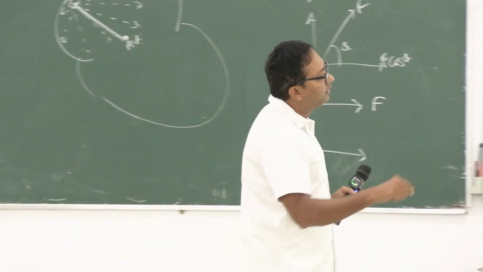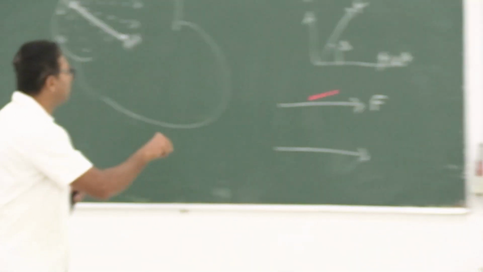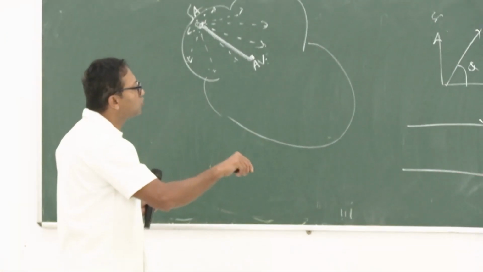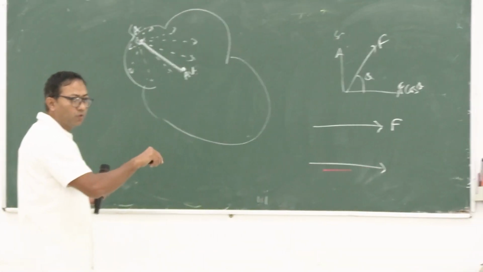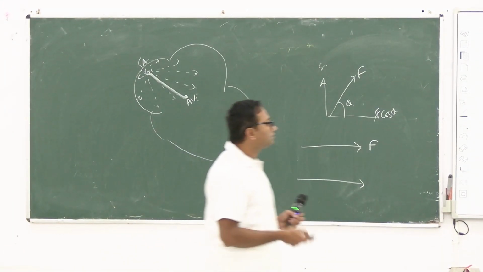Okay. Now any of these vectors you can move parallelly. Right? This is a force, one vector. I have moved this parallelly downward. So there is no change in magnitude and no change in direction. This is the rule of vectors.